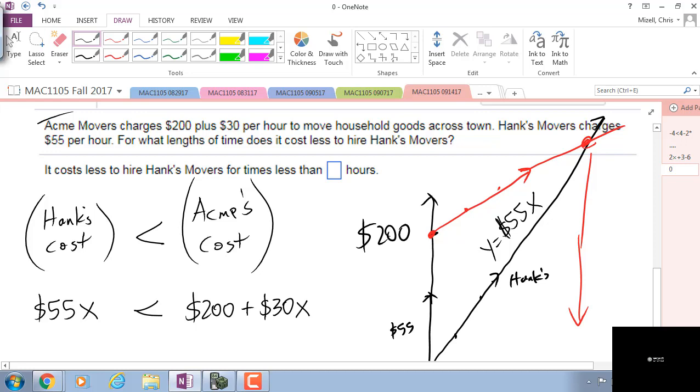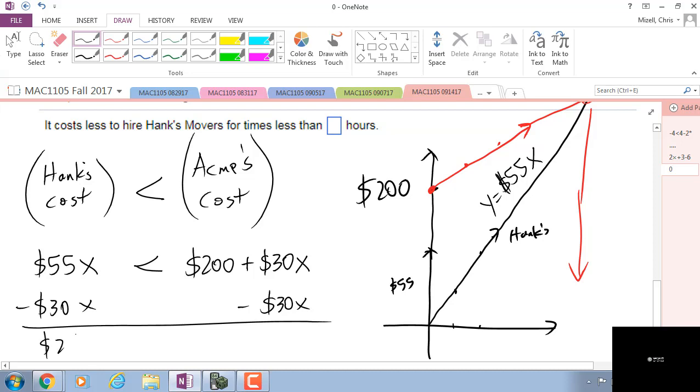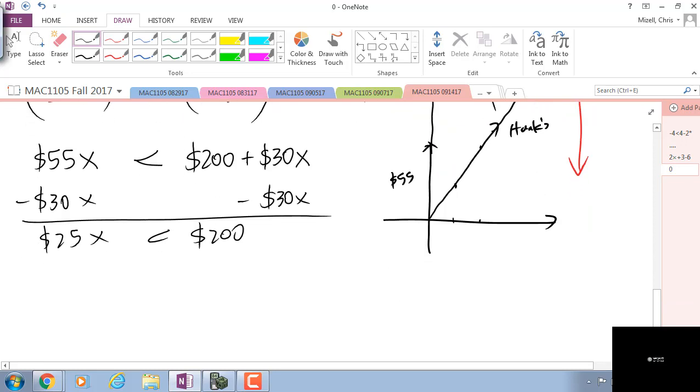Just a couple of steps to solve the inequality once it's set up. Let's subtract $30 times x from both sides. $25 times x is going to be less than $200. We need x all by itself, which represents time, number of hours.